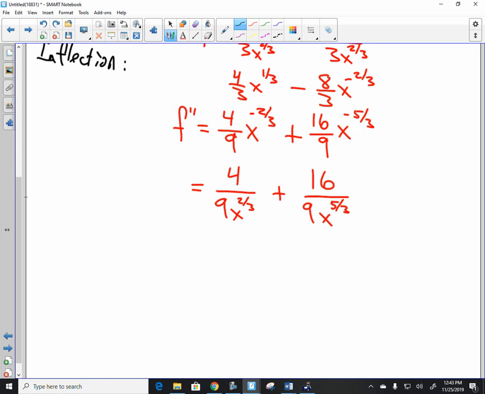Which is x to the 1. Multiply top and bottom by x. That's all we have to do. So on the top, I get 4x plus 16. And in the bottom, I have 9x to the 5/3.